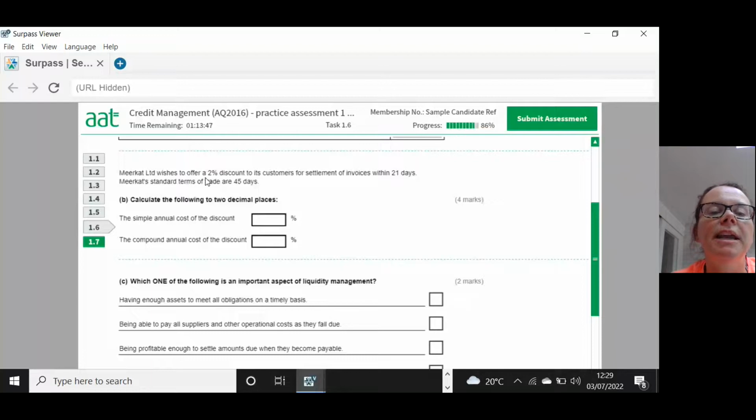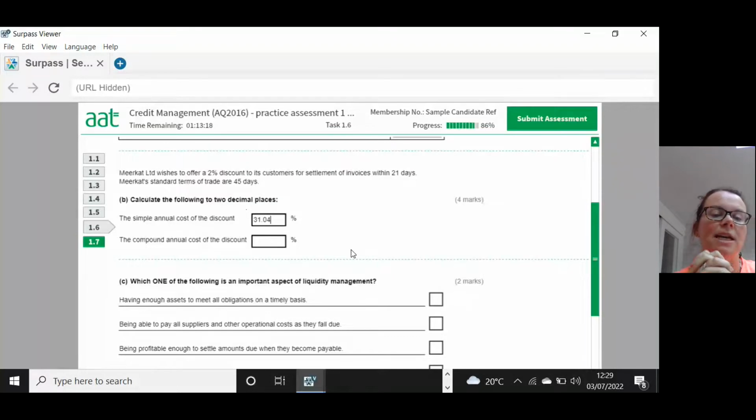So putting this one in, I'm going to do 2 divided by 98 times 365 divided by 24, 24 being 45 minus 21, and then times by 100 to 2 decimal places. That gives me 31.04.